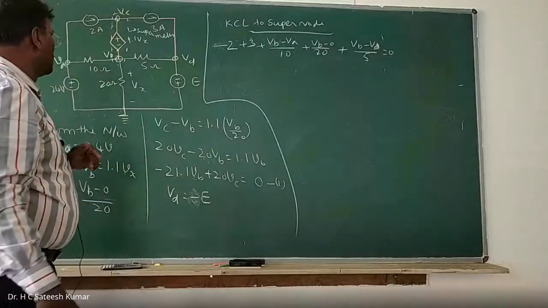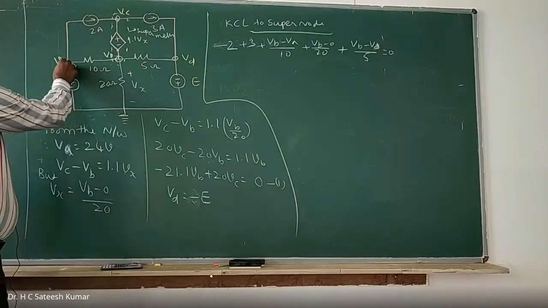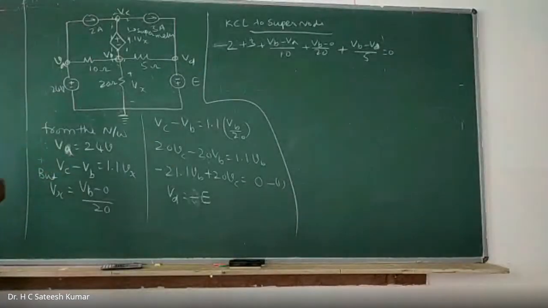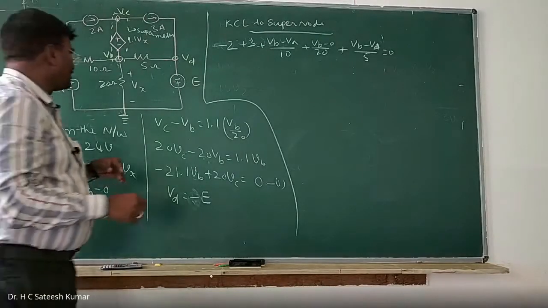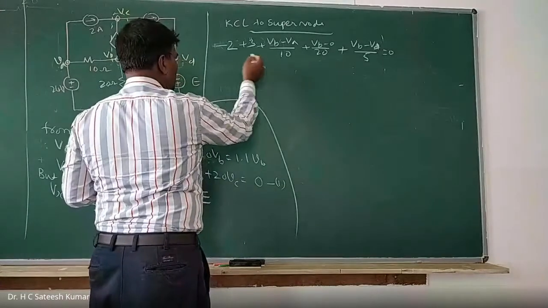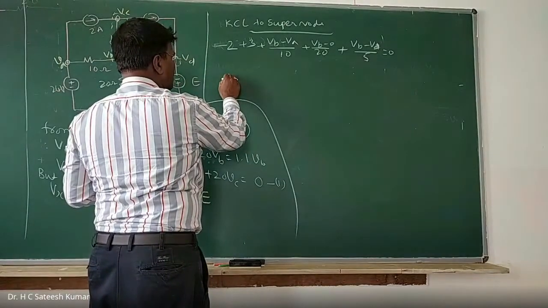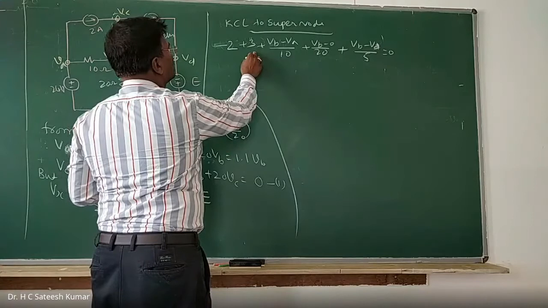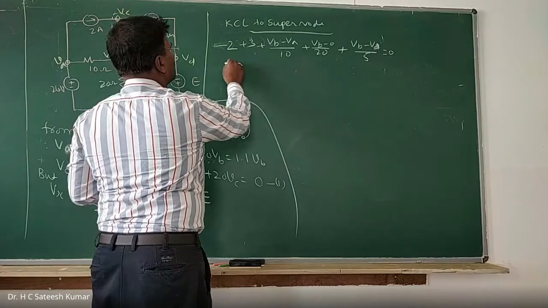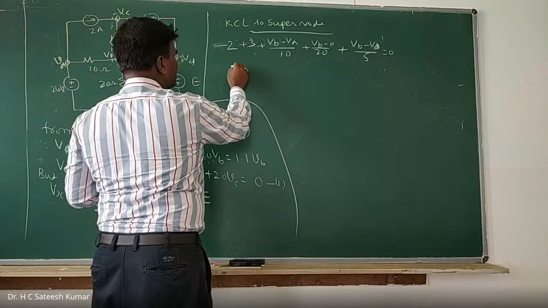Now, substitute. So, this is VA. We eliminate VA so that we can have VB, VC, VD. You can eliminate it. What is VA? You can write it. VA is equal to. Now, we substitute for VA.